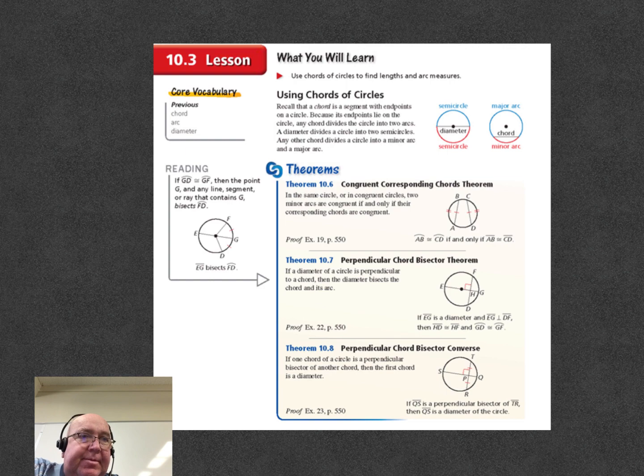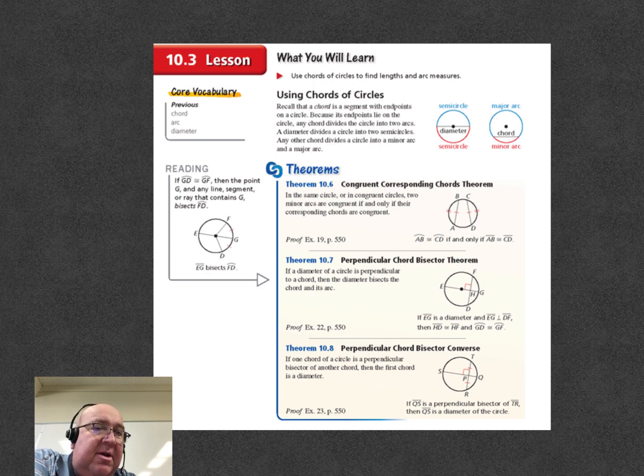And the perpendicular chord bisector theorem states that if EG is a diameter and it bisects perpendicular to FD, then HD and HF are going to be equal, and GD and GF are going to be congruent.